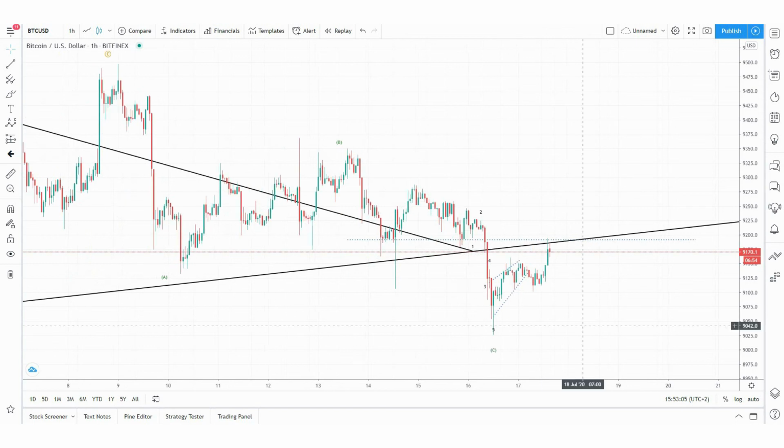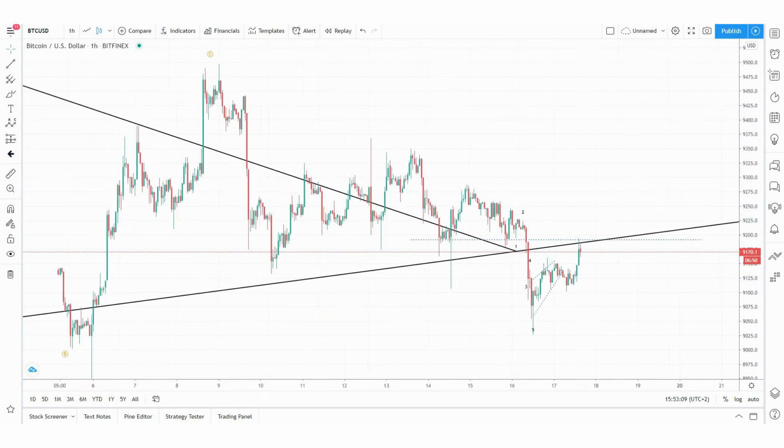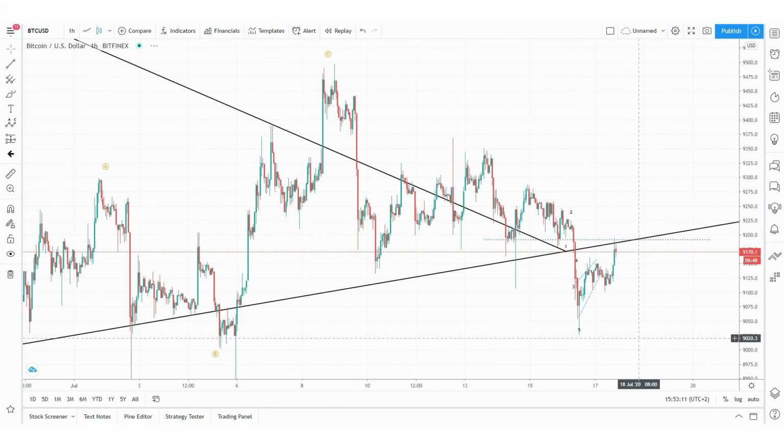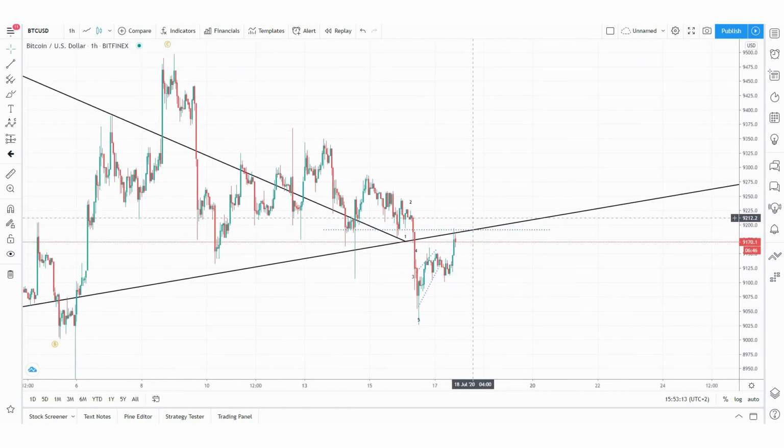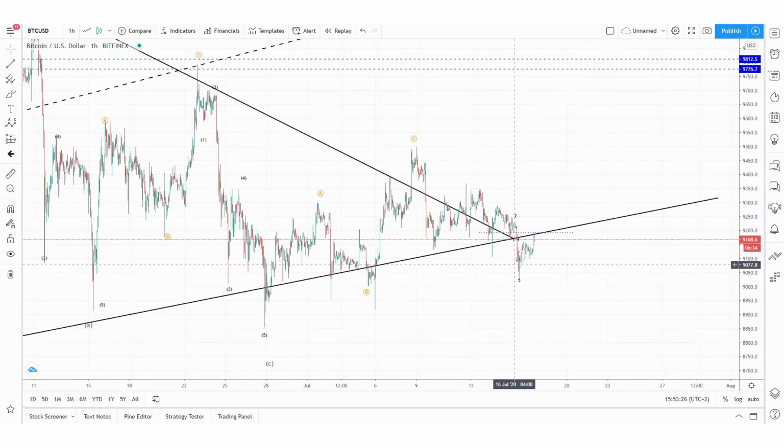I still think that we are going to see further decline and a proper breakout, validating a bearish count. But if the price continues moving to the upside and gets back into the range of this ascending structure, and also the territory of this wave here, then the bearish count would be invalidated, and we could see potentially further upside continuation.